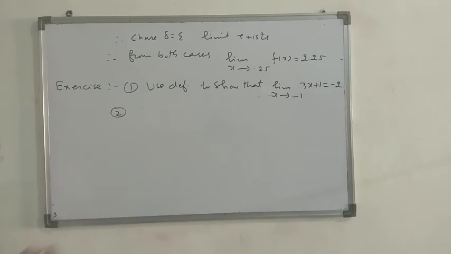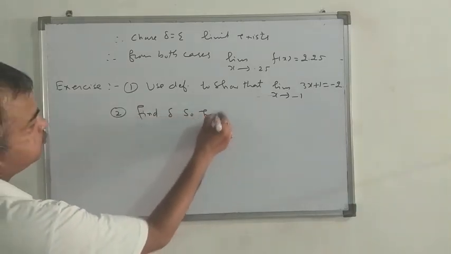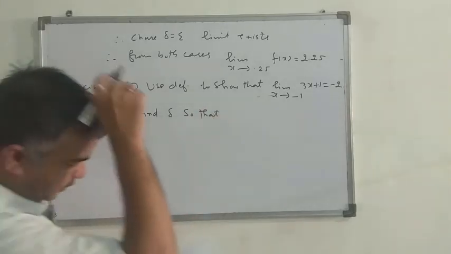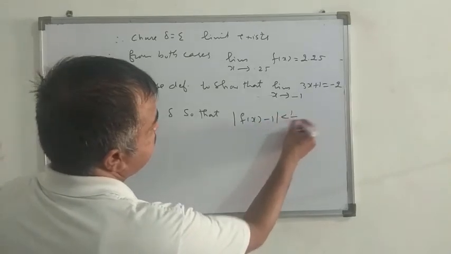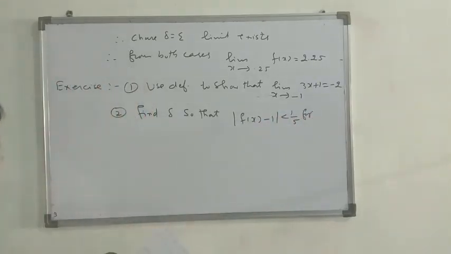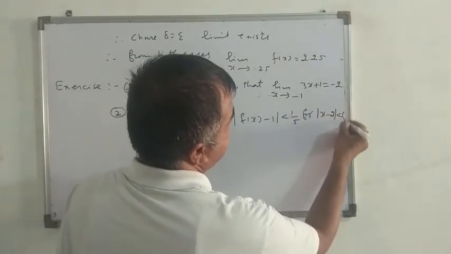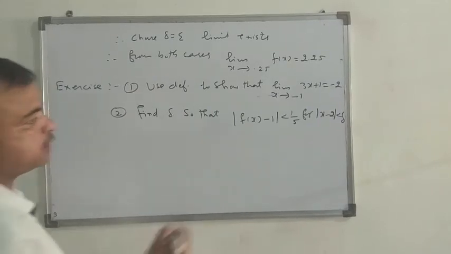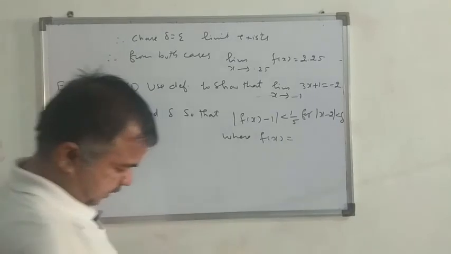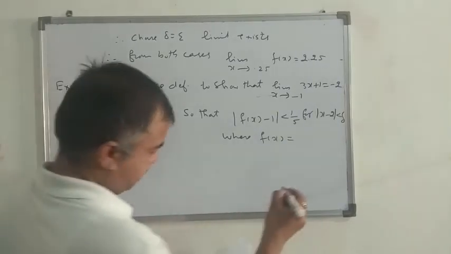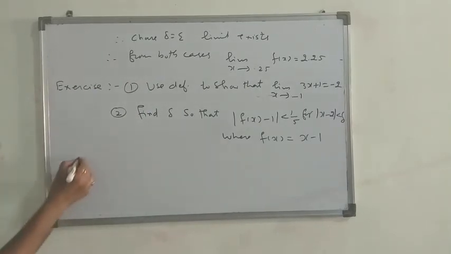Second, find delta so that |f(x) − 1| is less than 1/5 for |x − 2| < delta, where f(x) equals x − 1.